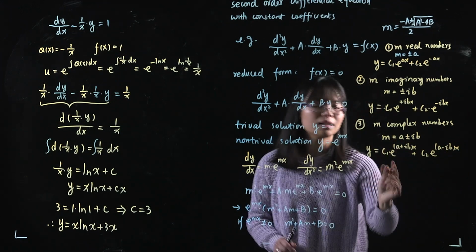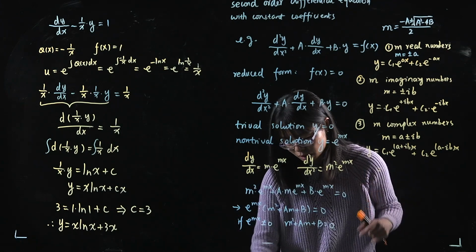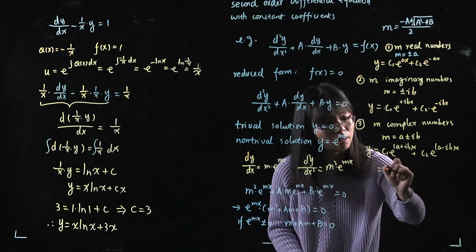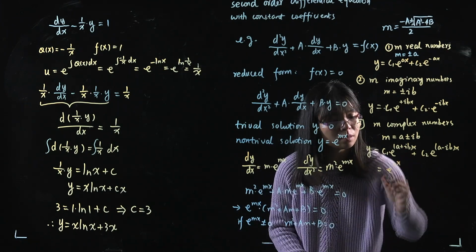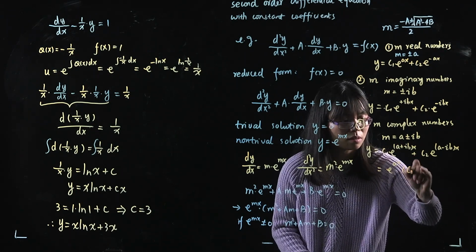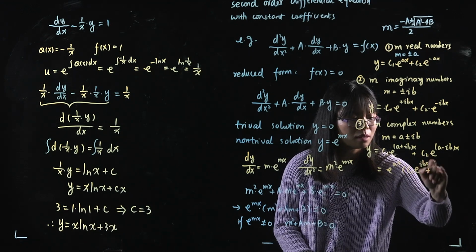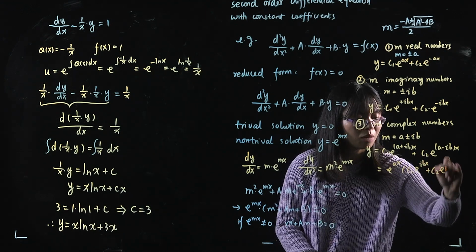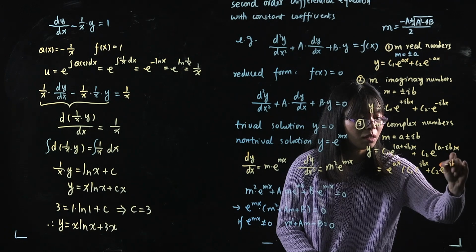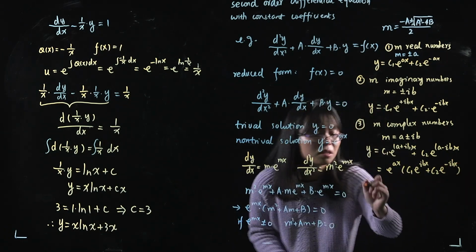You can reorganize the terms by pulling the e^(ax) in front of the other terms, and then you get c1 times e^(ibx) plus c2 times e^(minus ibx). Okay, so this is the third scenario.